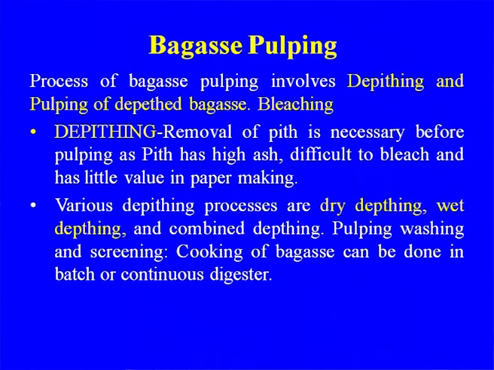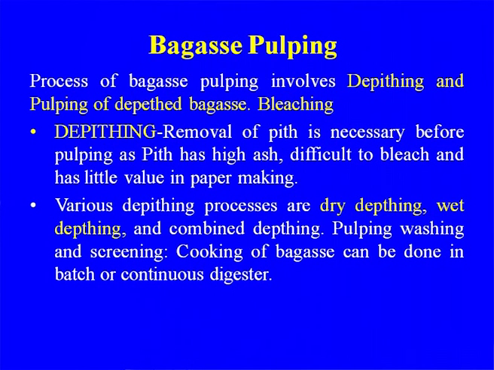In the bagasse, as I told you, the removal of the pith is important. That is the de-pithing, and here we use dry de-pithing, wet de-pithing or combined de-pithing, depending upon the process condition. Pulping, washing, screening and cooking of the bagasse can be done in batch or continuous mode.